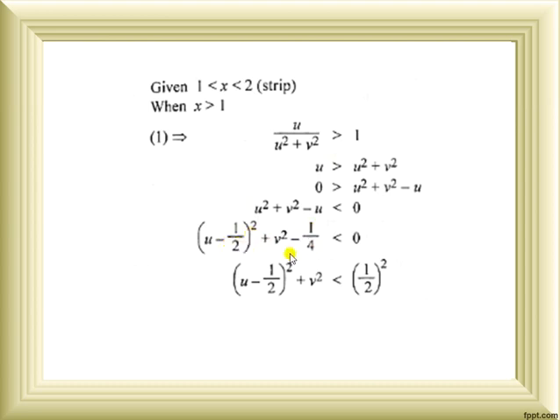Plus 1 by 4 minus 1 by 4 getting cancelled, I get back the previous equation. So I'm just moving this 1 by 4 to the right hand side. I will get u minus half the whole square plus v square is less than half the whole square. This is a circle with center half comma 0 with radius half.